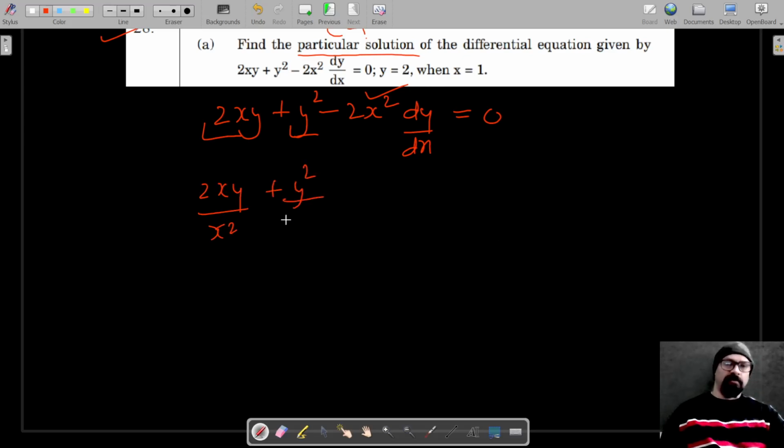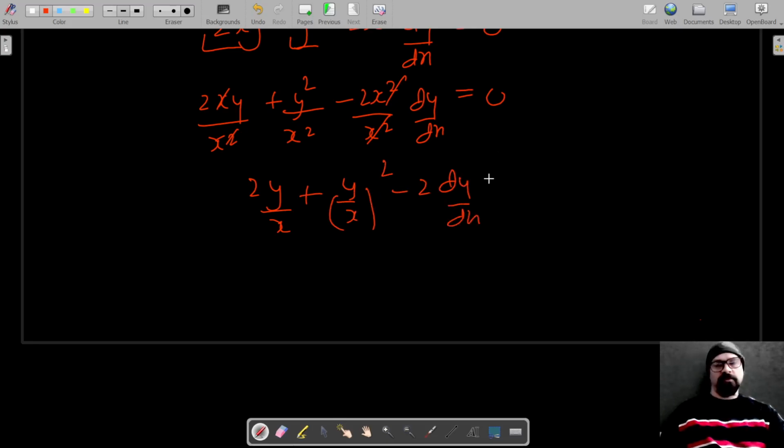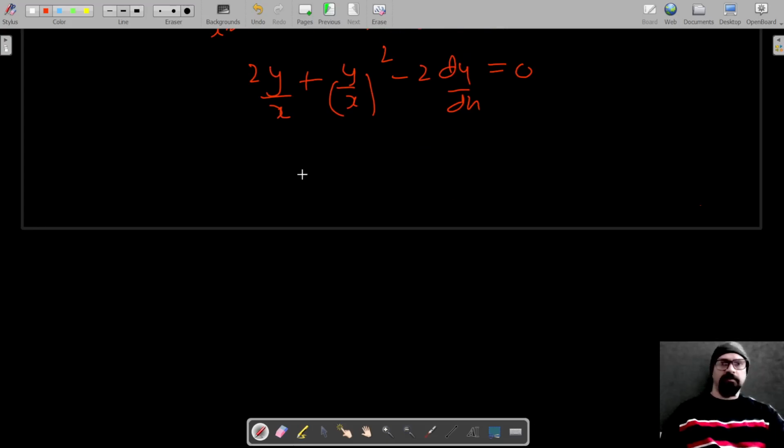So this is y square by x square minus 2x square divided by x square into dy by dx is equal to 0. So this gets cancelled. Okay. So finally we have 2 into y upon x, and this is y upon x the whole square minus 2 into dy by dx is equal to 0.